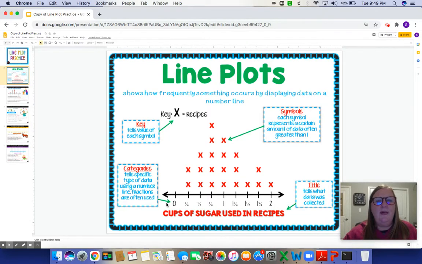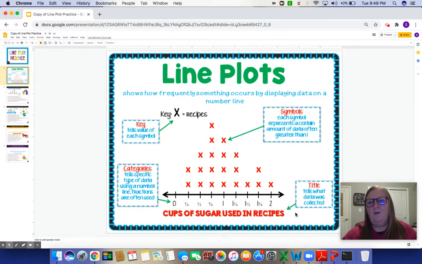Those are called categories. They tell specific types of data using a number line. Fractions are often used. And then underneath that, at the very bottom, these red letters that say cups of sugar used in the recipe, that's called the title. That tells what data was collected.